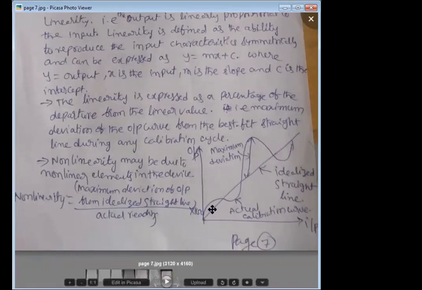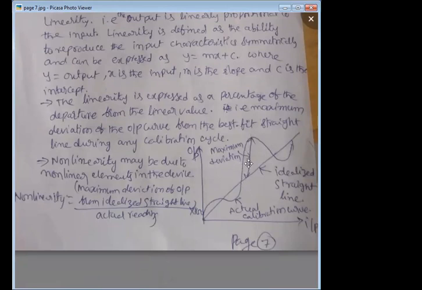You see here, this is the idealized straight line. This is the actual calibration curve. The calibration curve should follow the straight line, but it deviates from the idealized straight line. So this much amount of variation, the maximum deviation, produces the non-linearity. Linearity is expressed as a percentage of the departure from the linear value.